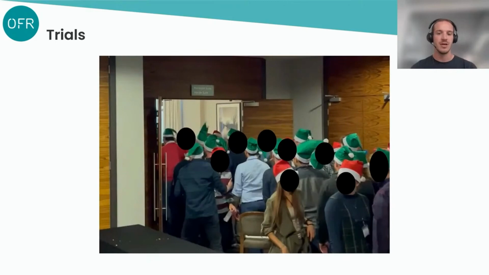Then for the in-group or assigned group trials, it was Christmas time, so the group identity aspect was reinforced by giving people green or red Santa hats, as we can see here in the image. And then the same trial was replicated where people would just walk against each other and log the times at which they passed through the door.